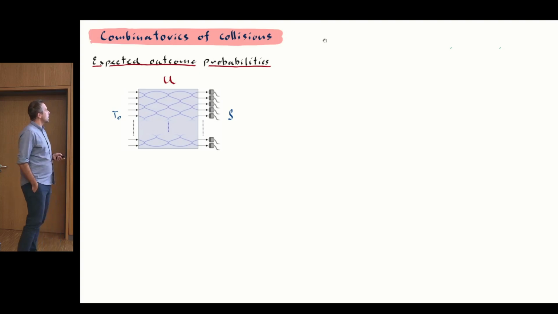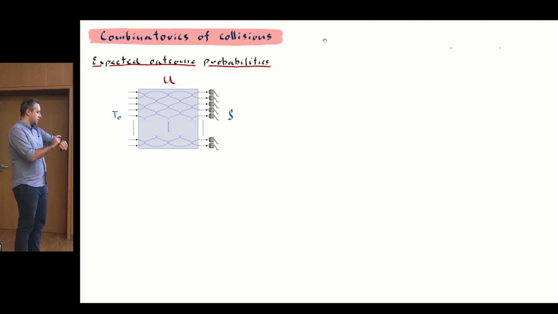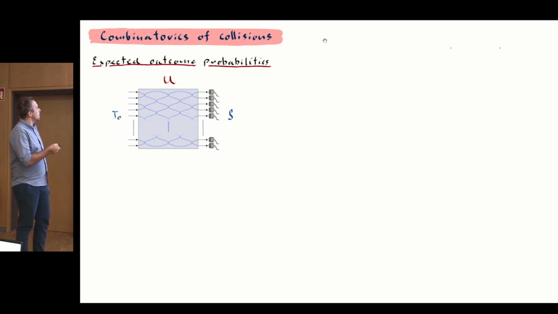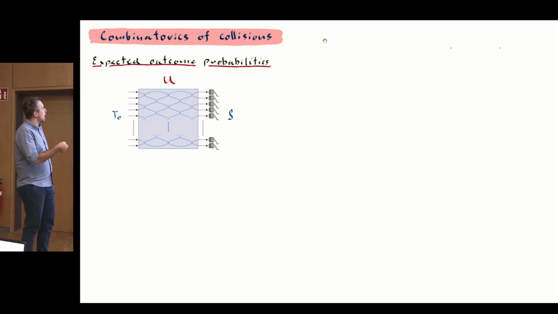Good. So first, combinatorics of collisions. Let's look at just the expected outcome probability when we fix input and output S and take an average over unitaries here.